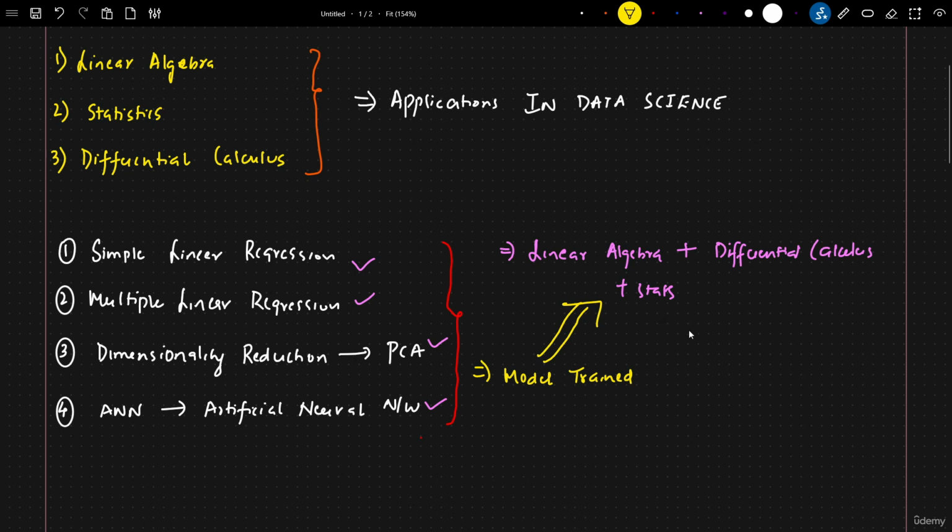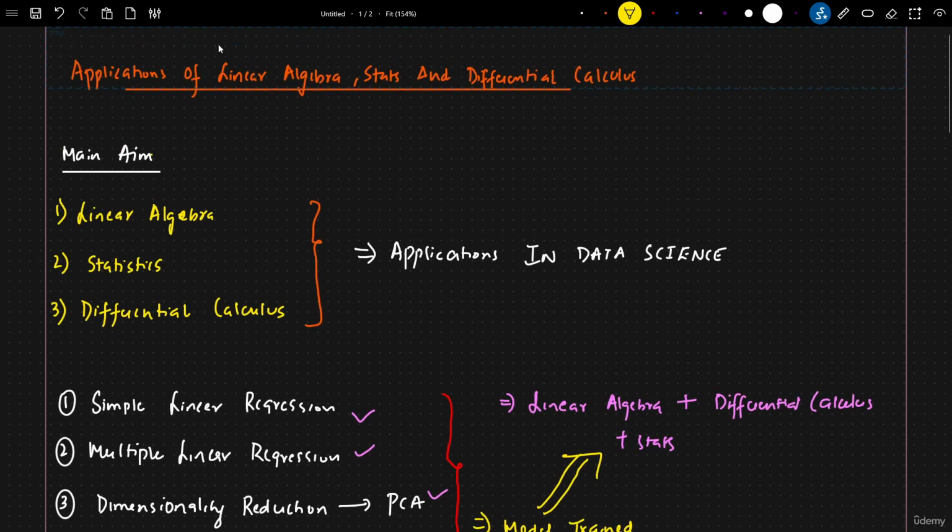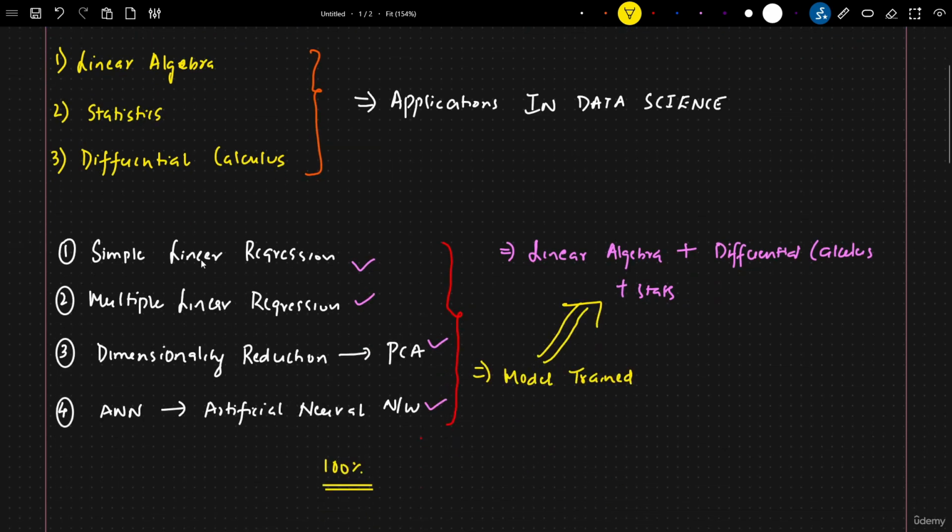And that is where you will get a complete 100% clear picture with respect to the specific applications. Till now, whatever things we have discussed, I think you have got an idea of around 70 to 80% of the applications. But the main aim of this section is to show you in full how all these algorithms work and how these models are specifically trained.